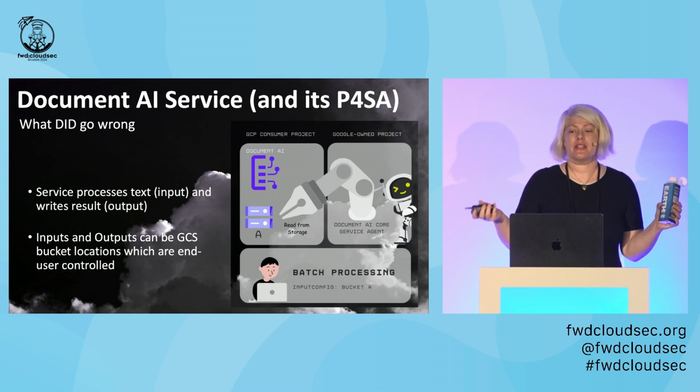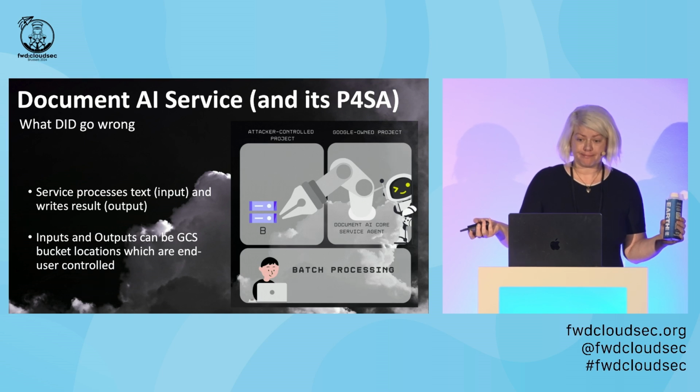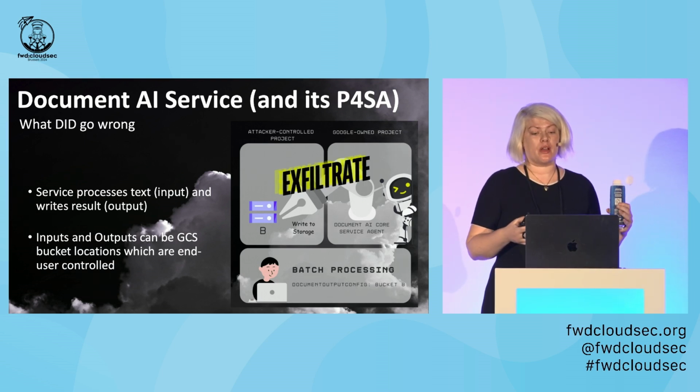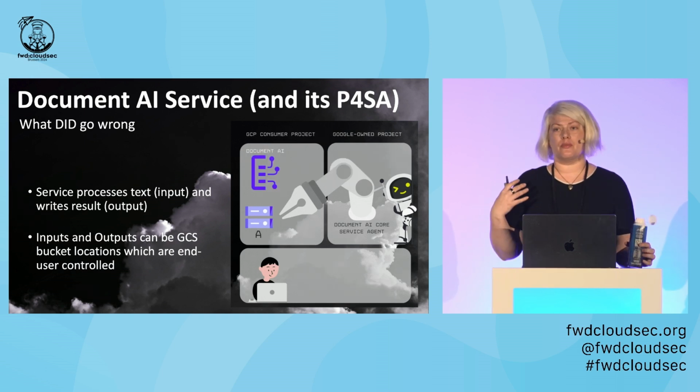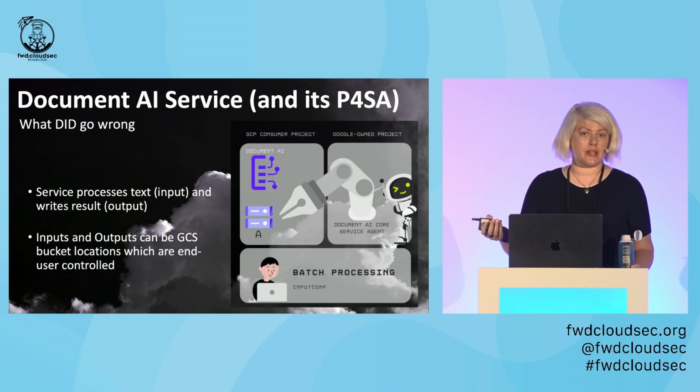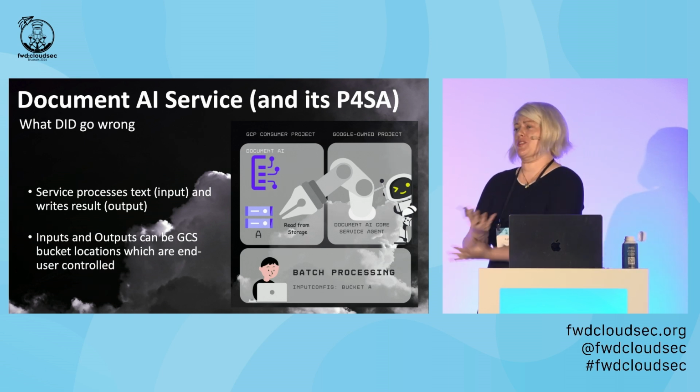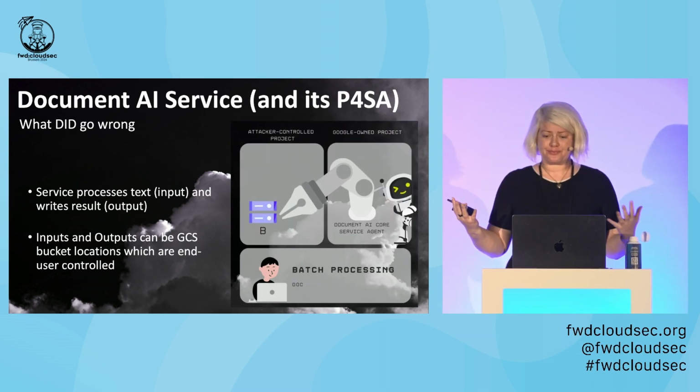And as it turns out in this one particular service, when you combine its functionality with some privileged permissions that are automatically assigned to it, you have this perfect storm for privilege escalation.